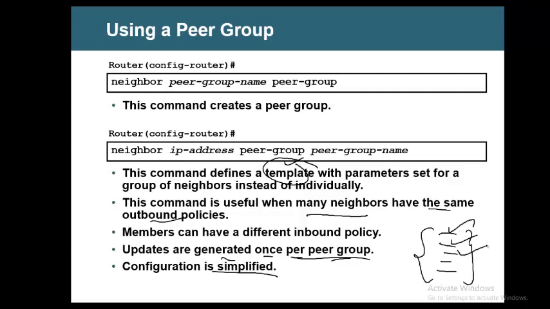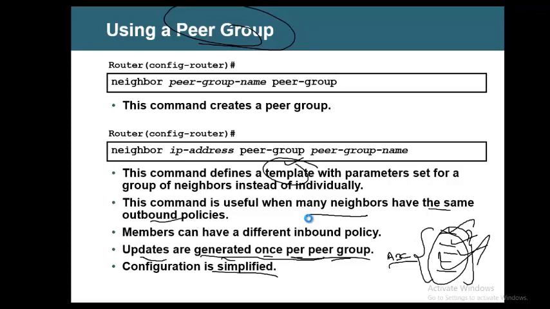Instead, peer group is a template, meaning you put all of them under one single name, let's say ABC. And when you call that ABC template, you call all of this. So in one go, all this gets processed. That is what it says here: updates are generated once per peer group.